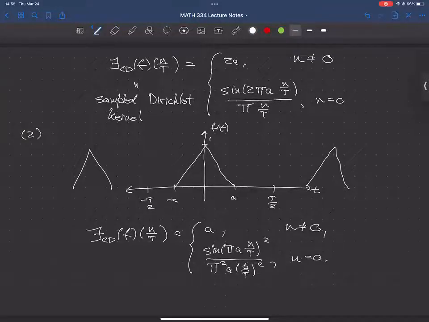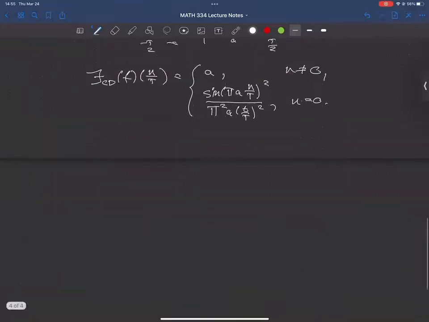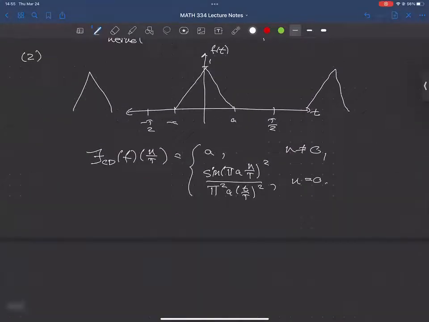The thing to notice here, rather similarly to what we did previously, is that this is a sampled version of something that we've seen before.